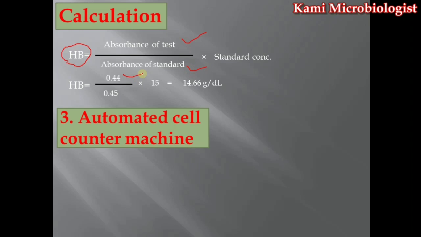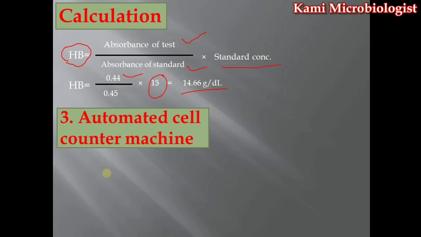Let's suppose the absorbance of the test is 0.44 and the absorbance of the standard is 0.45. Then we have to multiply it with the standard concentration, that will be 15. After we multiply and divide, we get 14.66 g/dL. That is the normal hemoglobin concentration.